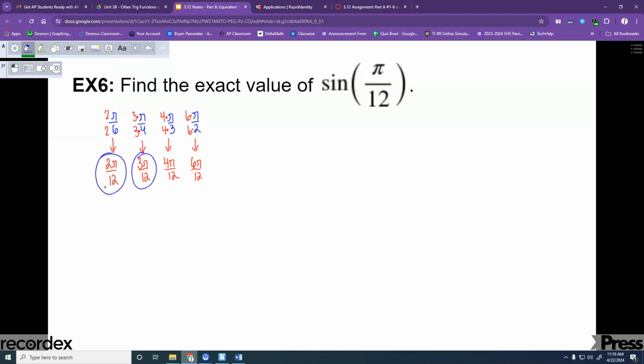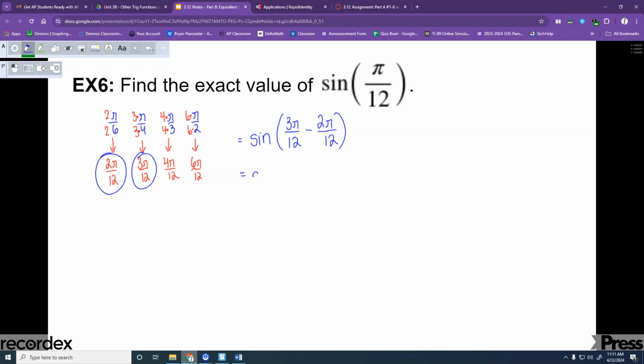All right. So sine of pi over 12 could be written as sine of 3 pi over 12 minus 2 pi over 12. And if I subtract them, I will get pi over 12, which is what I want. But I don't really want to do that. I don't want to go back to pi over 12 because that's not on the unit circle, and I can't figure out what it is.